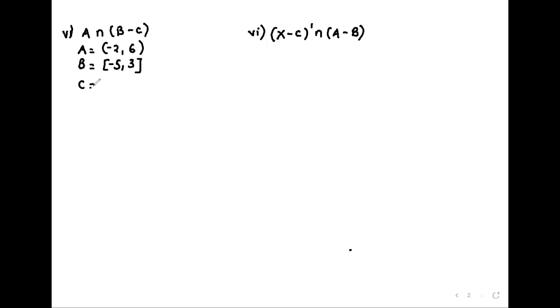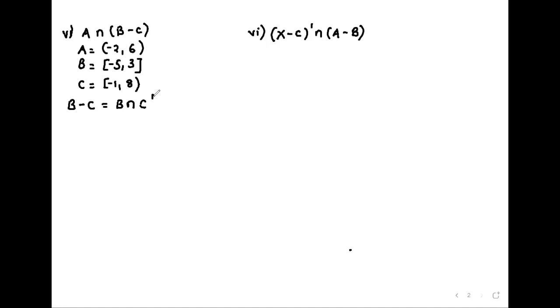And C is -1 to 8. So now we first get the part that is in the brackets. So we first get B minus C, which is B intersection C complement.